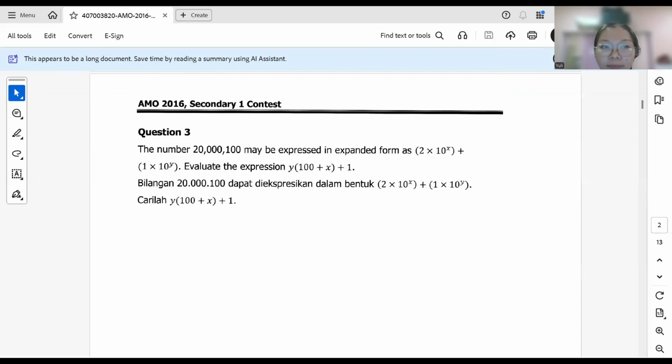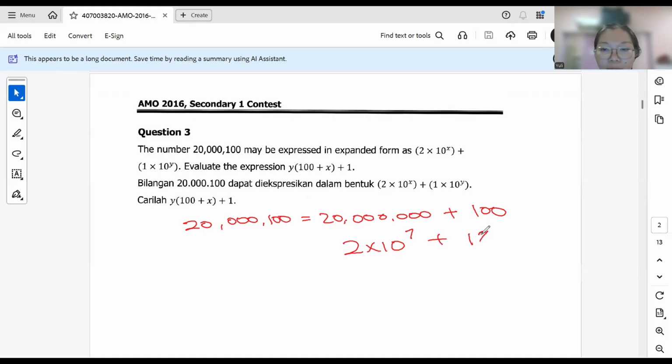So number 3, we just expand it. So we can say like this. This is 20 million plus 100. The exponent will be 7. And this is going to be 2, right?